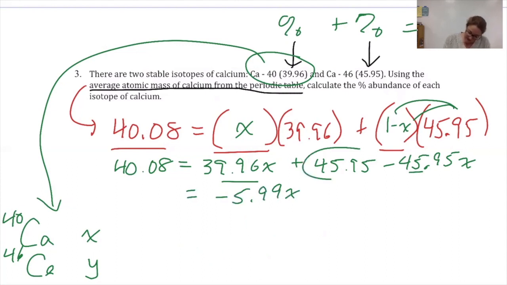And I'm going to move this over to the other side. So 40.08 minus 45.95 leaves me with negative 5.87. I'm going to divide both sides by negative 5.99.